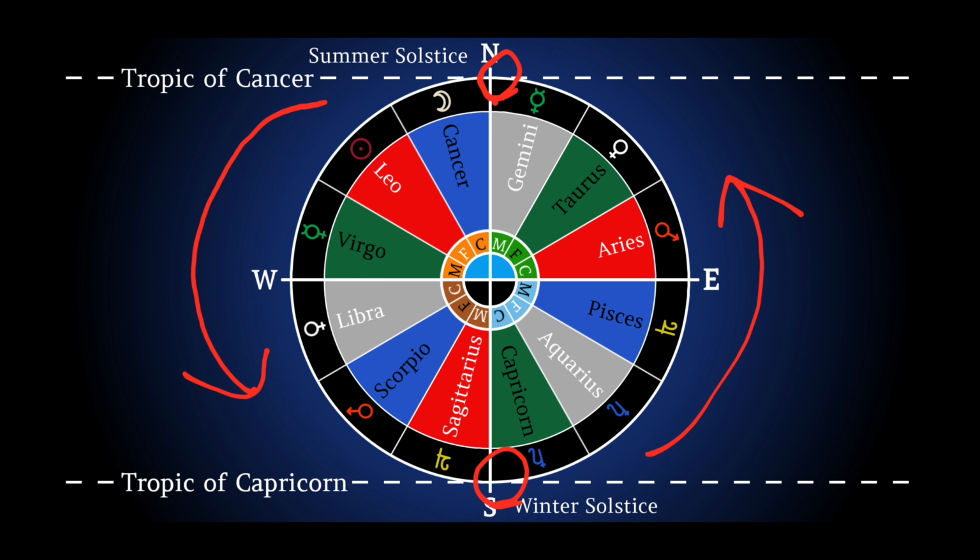And Cancer and Capricorn, being the only 2 signs that represent pauses, they also have a nickname. And we're going to get into that right now. And that nickname is known as, for Cancer, the gate of men, and for Capricorn, the gate of the gods. So the gate of men is associated with birth, and the gate of the gods is associated with death.